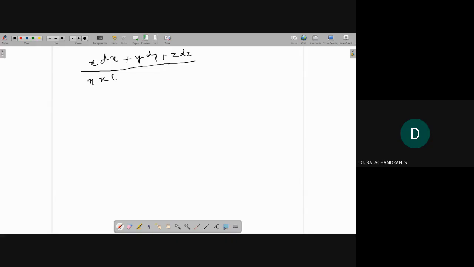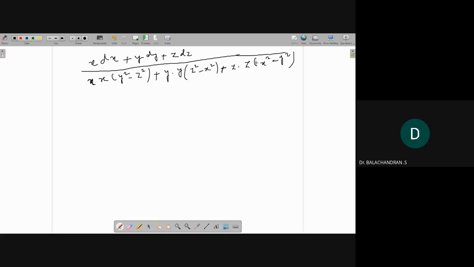So this is x into y square minus z square, plus y into z square minus x square, plus z into x square minus y square.